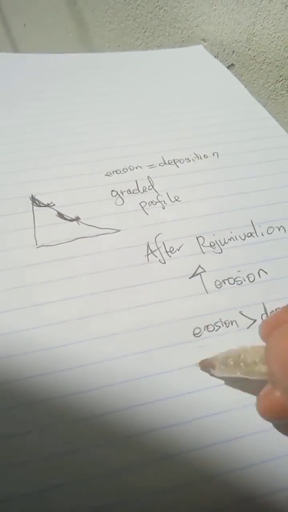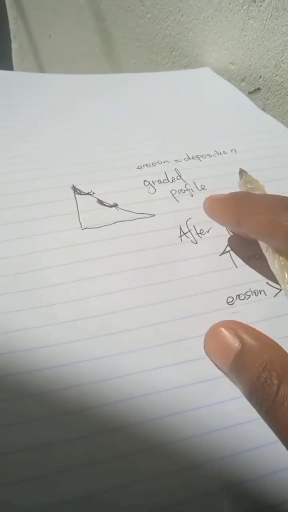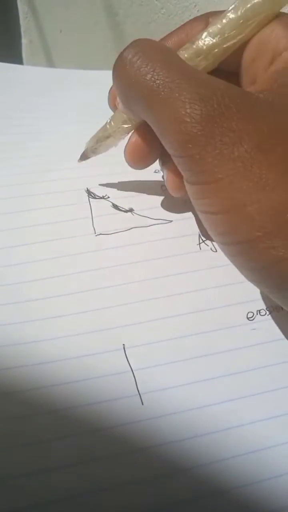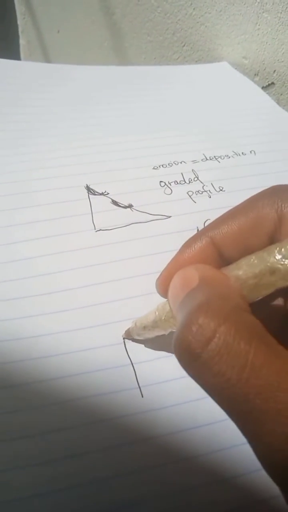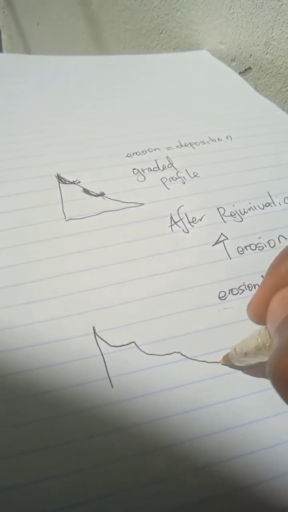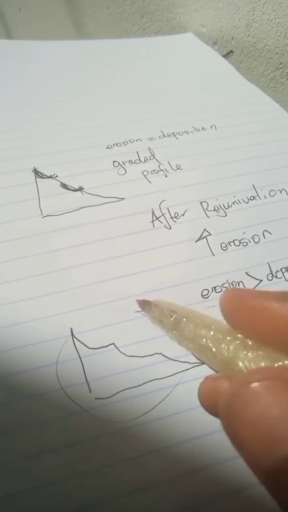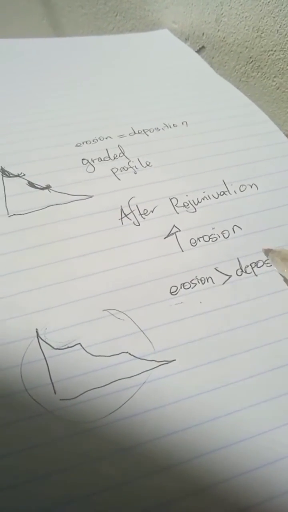I'm going to increase erosion. Remember, erosion is the removal of material. So what do I end up with, because I've removed a lot of material there? Look at this. This is what I end up with. Now I no longer have that smooth concave profile because erosion and deposition are not in balance. There's more erosion, so I'm digging more, removing more than I am dumping.